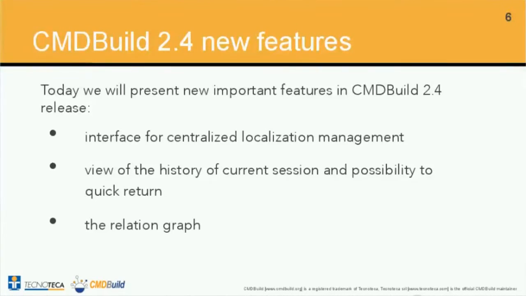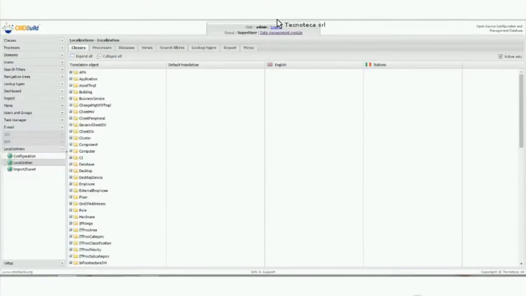Okay, so now let's go to the CMDBuild interface, which you most likely all know. Here I'm not in the data management module, I'm just in the normal interface. If you go down here, you'll see localizations.